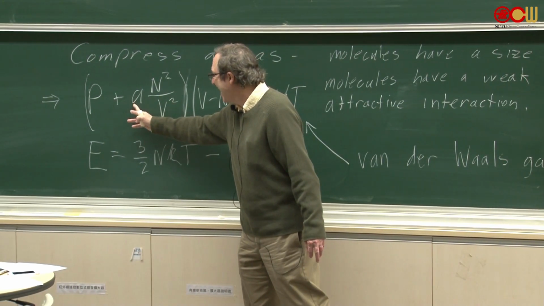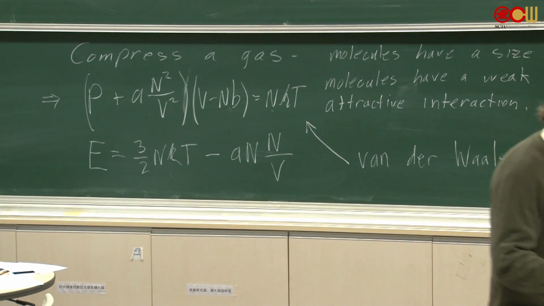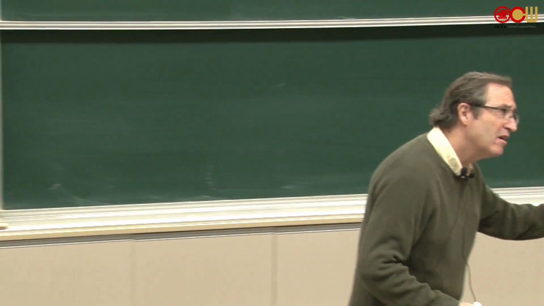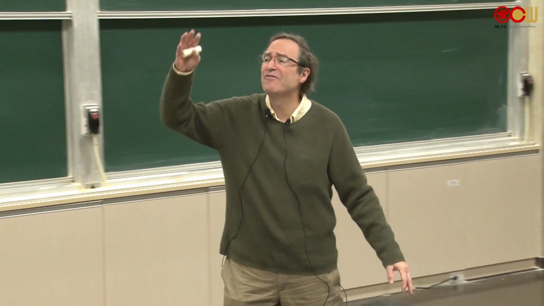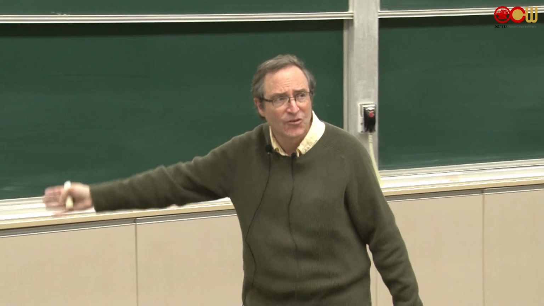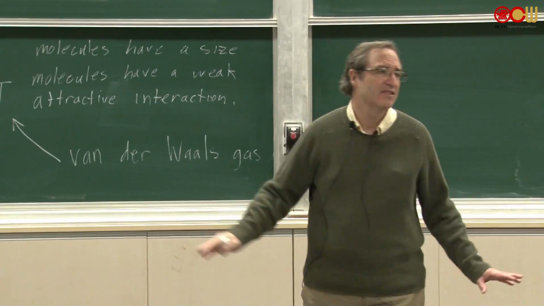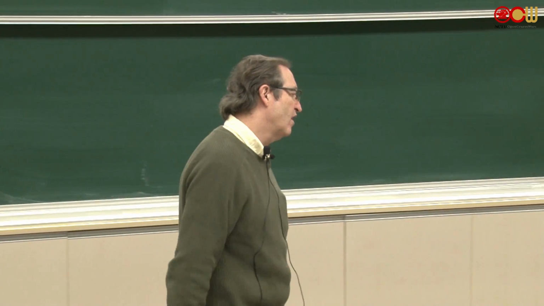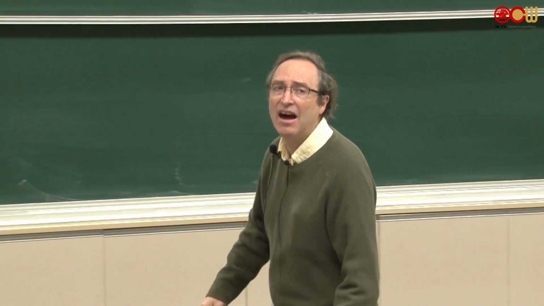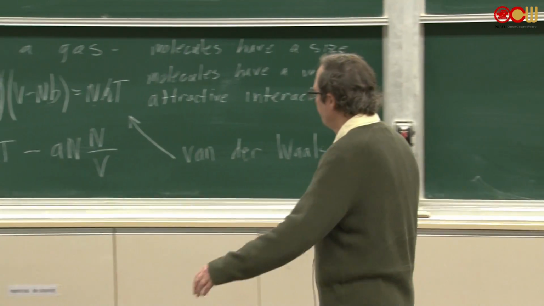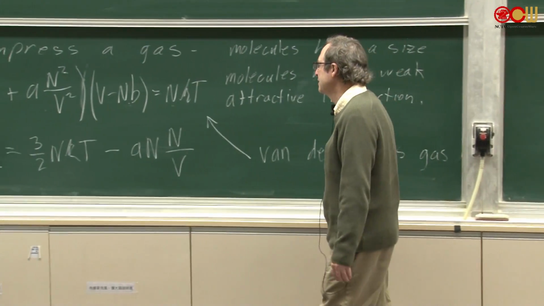These constants A and B, they depend on the kind of gas. So for helium, you'll have an A and a B. For oxygen, you'll have a different A and a different B. Turns out you can scale these equations to get something where all these constants kind of scale out, but we won't do that here. Okay. You'll see that if you take a course in thermodynamics.